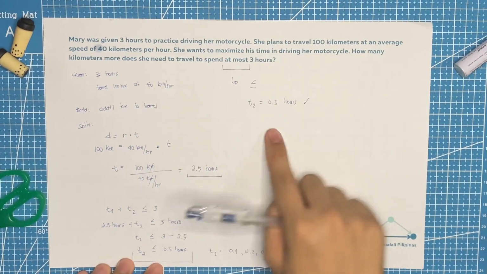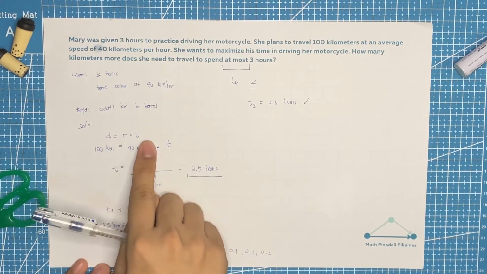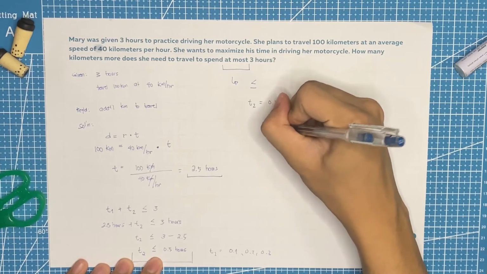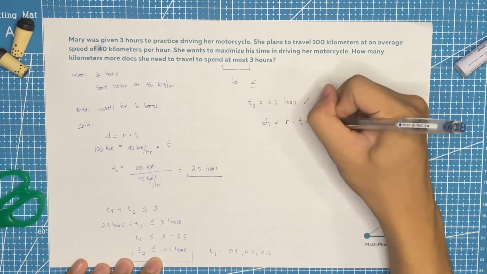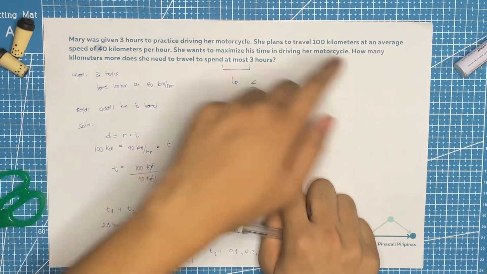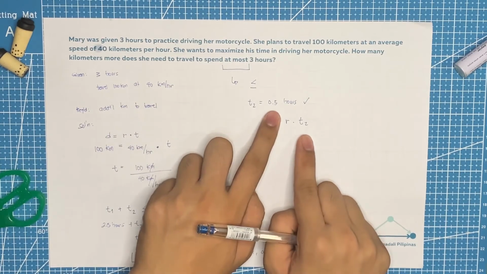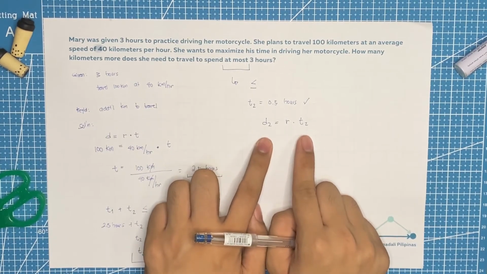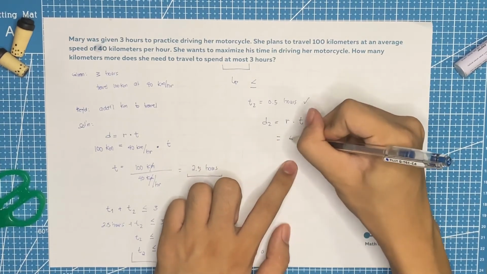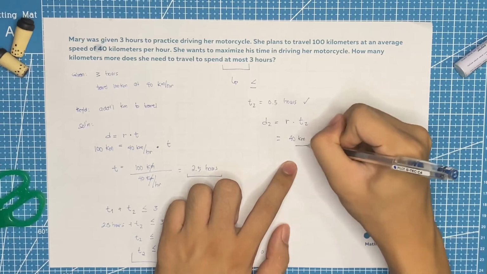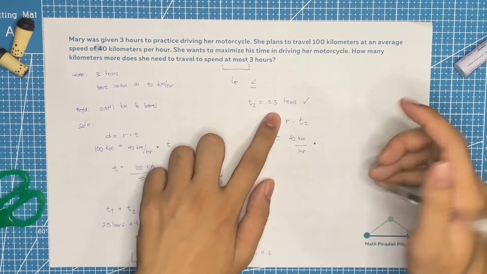That means, ang hinahanap sa atin is the additional kilometers. Gamitin pa rin natin yung distance formula. So, this additional distance equals R times T2. Now, for your R, alam naman natin na yung average speed niya is 40 kilometers per hour. Alam na din natin yung T2. That means, makukuha na natin yung additional kilometers to travel. That means R is 40 kilometers per hour times T2, which is 0.5 hours.